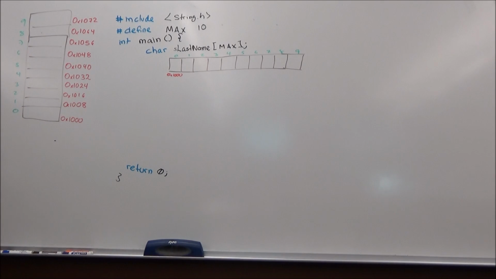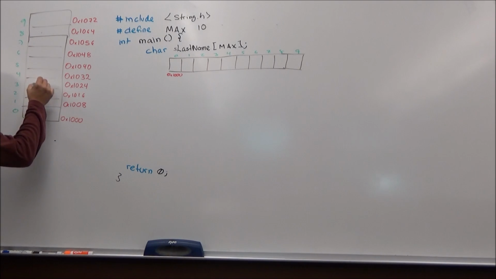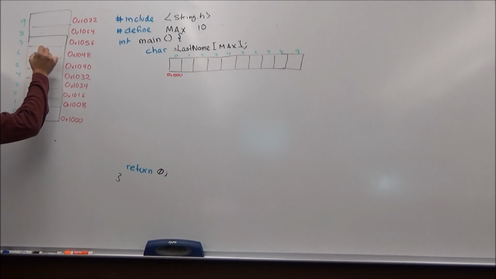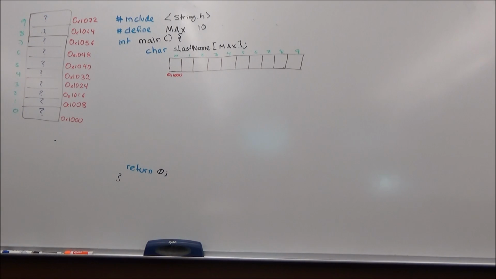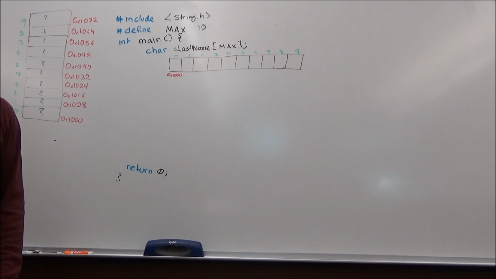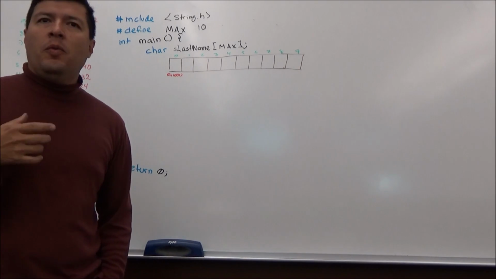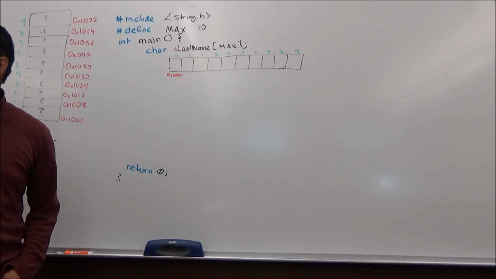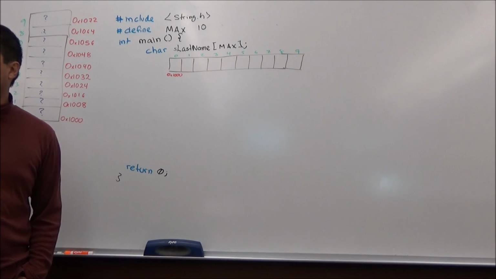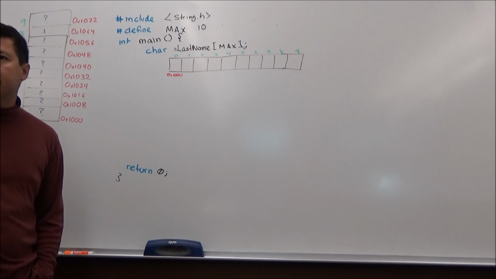So, initially, this has, who knows what, right? So, before I show you, we could do this scanf using the %c character, and we keep inputting each character and filling up the array, right?